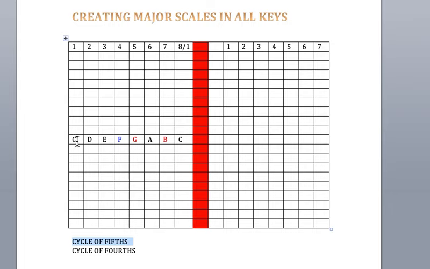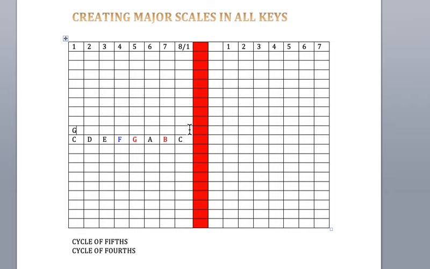With the cycle of fifths, we count from the first degree to the fifth degree, and then we take that note, and that's the next key. The next key would be G. Then we put all the letters that are here, and after putting all the letters, we sharp the seventh.